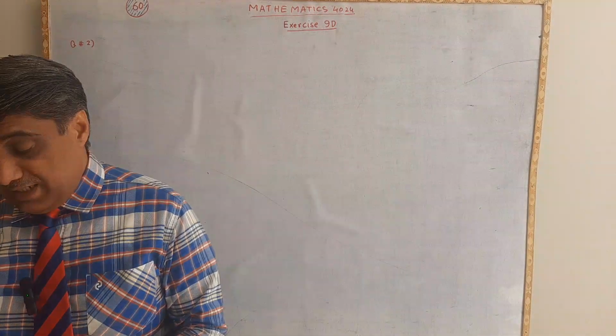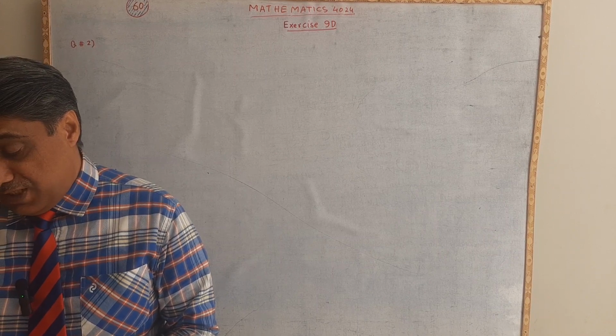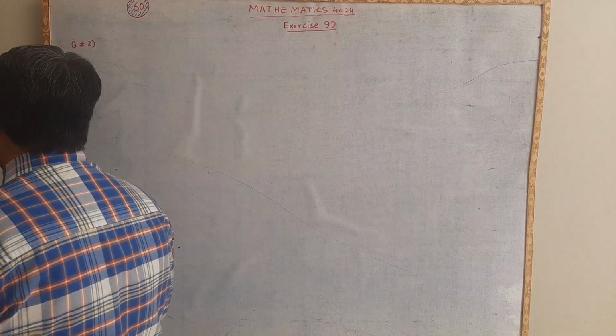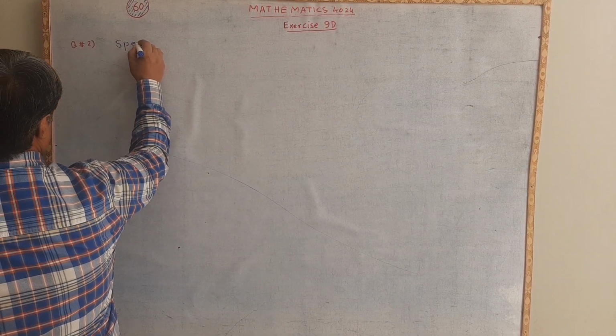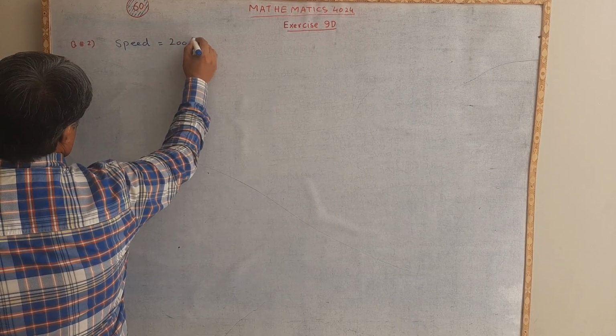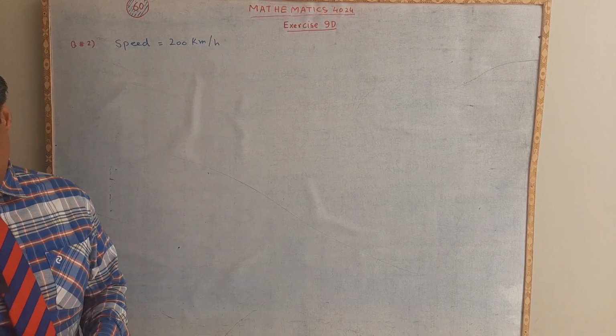saying that a high speed train travels at a speed of 200 kilometer per hour. So we are writing the speed, and that is 200 kilometer per hour.